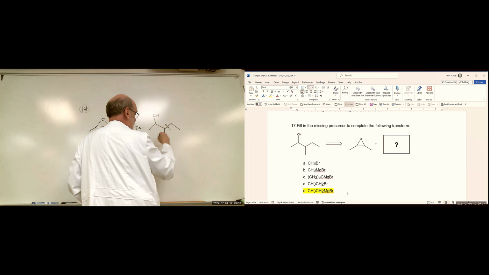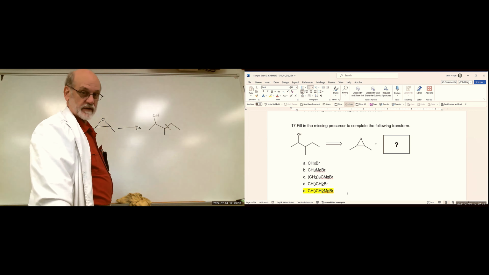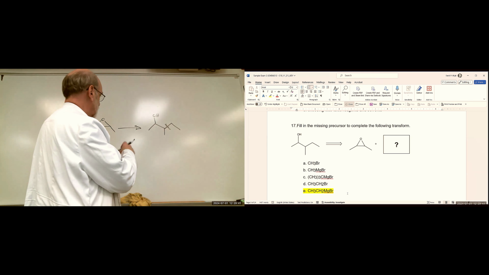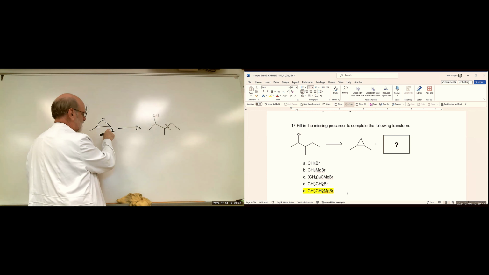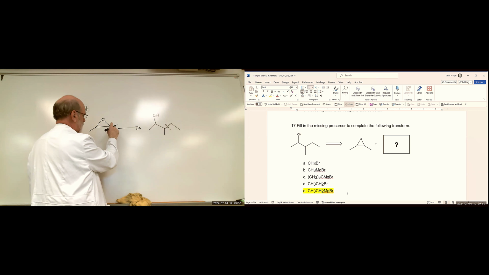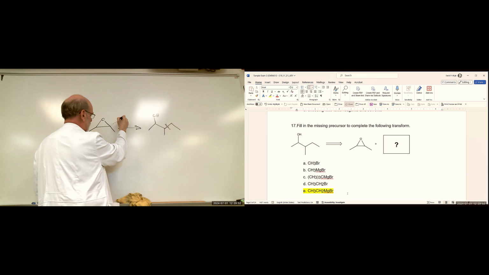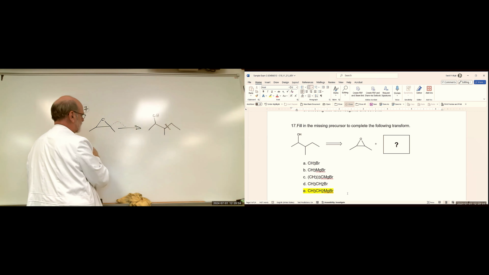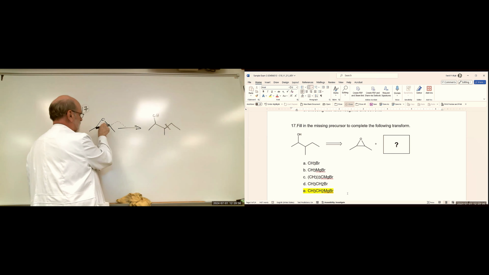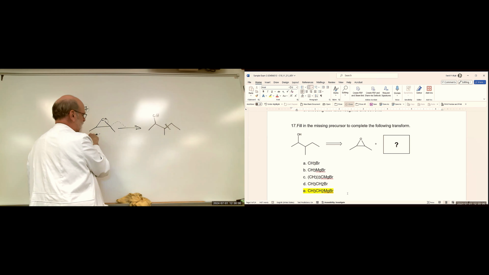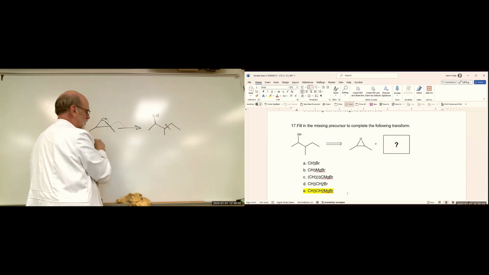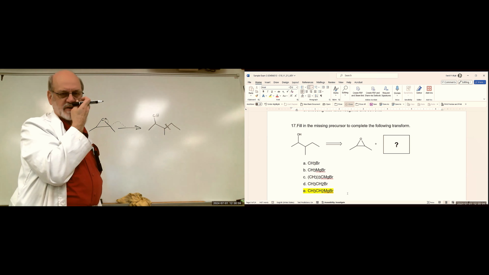So we need to add an ethyl group right here, because this is going to open. That's going to break that bond and open it up. We're going to form a carbon bond.